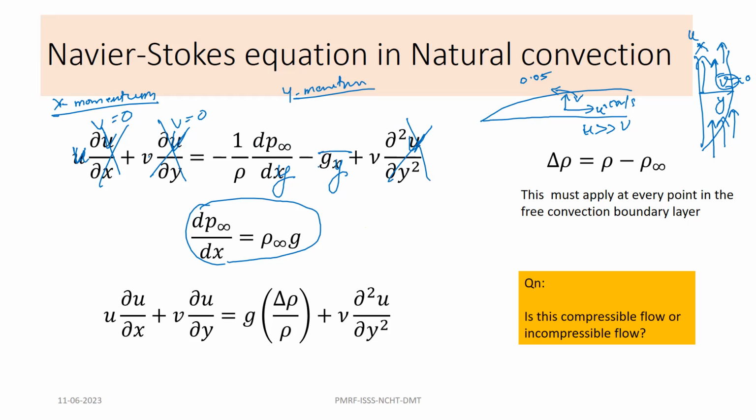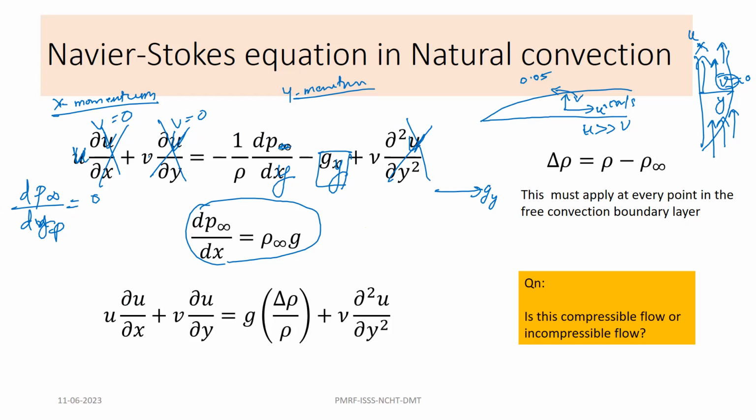And what about Gy? Gy is in this direction, isn't it? So what has happened? Dou P infinity by dou X is going to be zero. Dou P infinity by dou Y is going to be zero. So what does that mean?